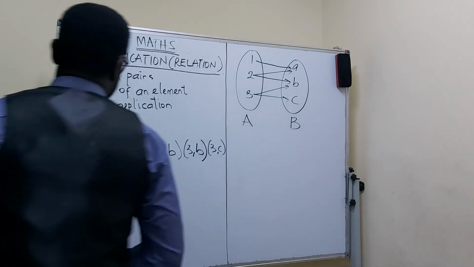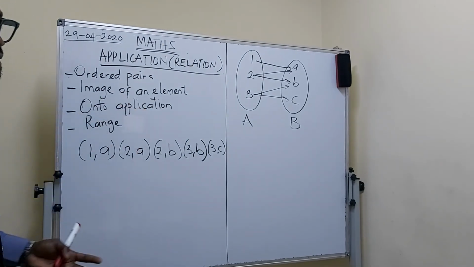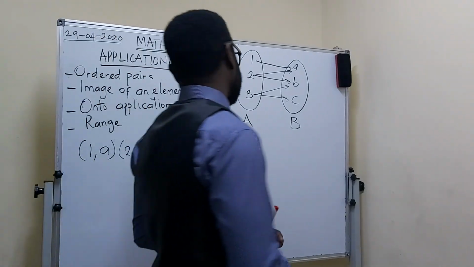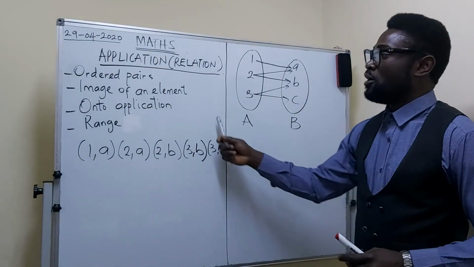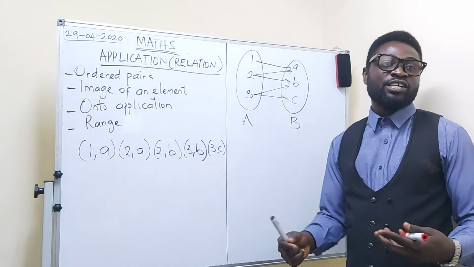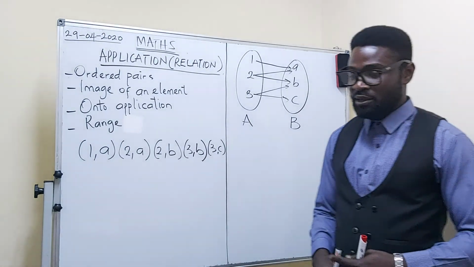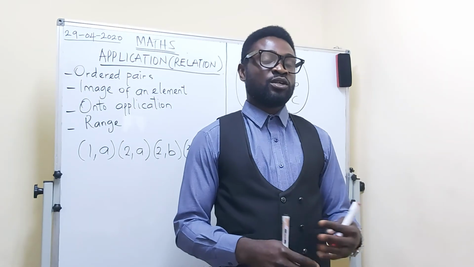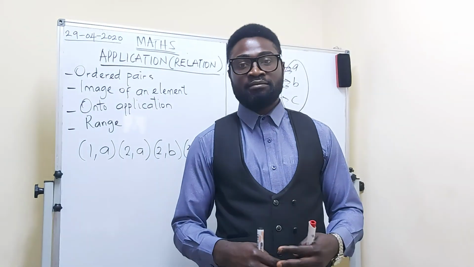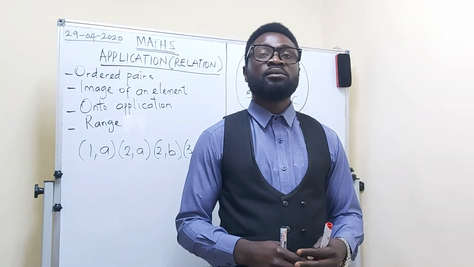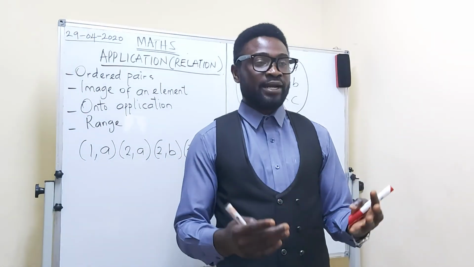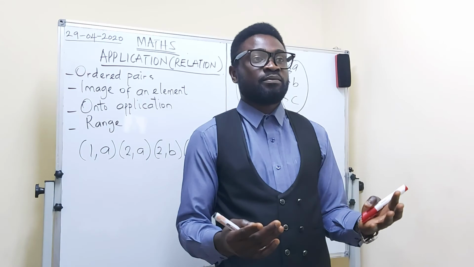Now, when we speak of the image of an element, this is the next thing we will discuss in this class. What is the image of an element? Let me break it down this way first. Whenever you want to go out, if you have a mirror at home, when you dress, you watch yourself.